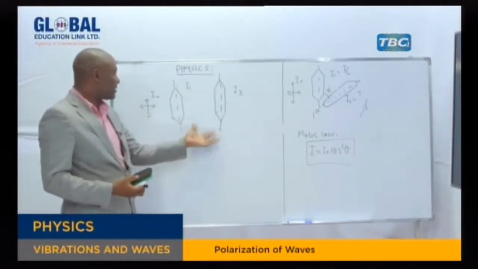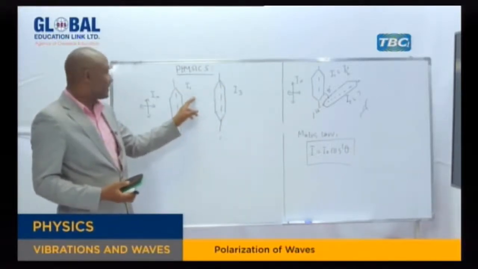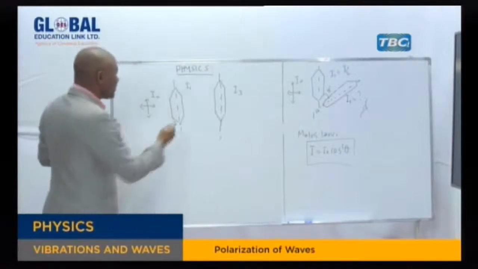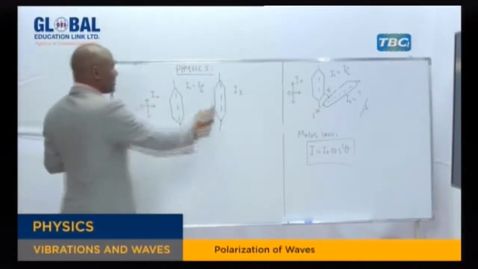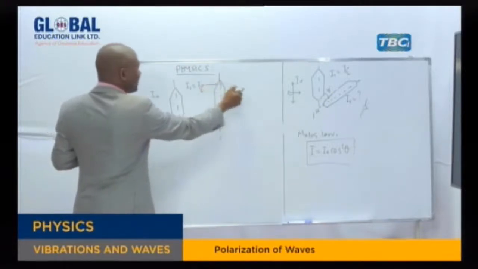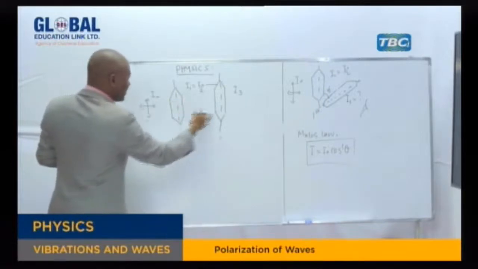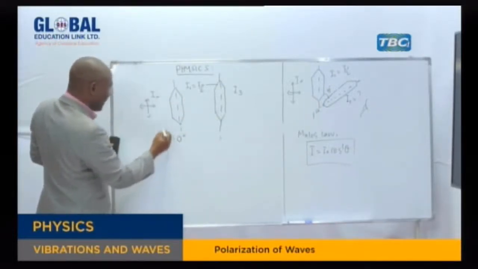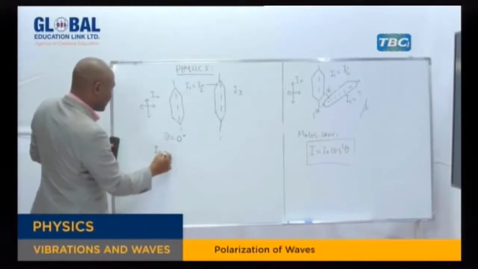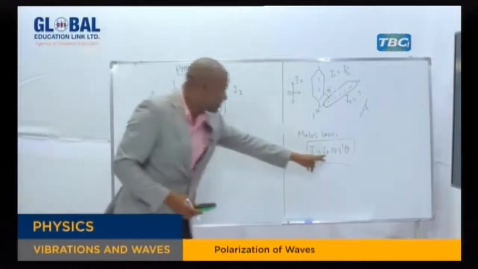So starting from here, you should know how much of the intensity of light is here. For example here, we know this is half. What happens when it's passing through the second polarizer, which is parallel? It means the angle here is 0. So our angle between the two axes is 0. So what is the I3?